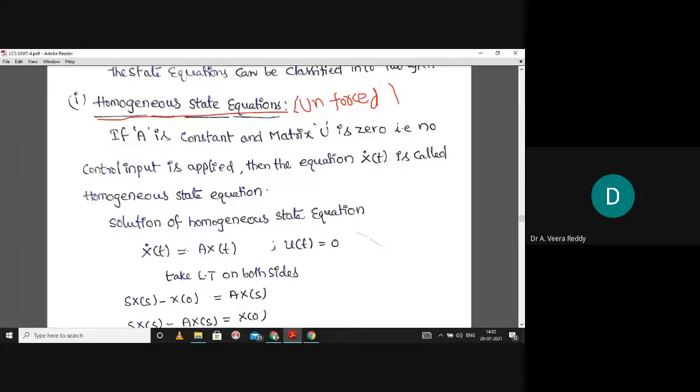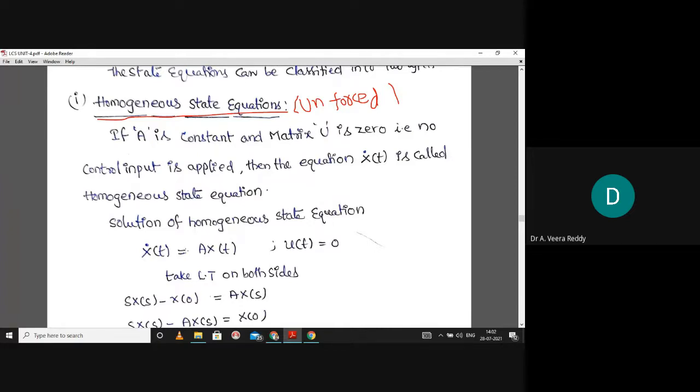If we go for a mechanical system, we call it f of t. If we go for an electrical system, it is e of t, maybe voltage v of t. The type of system may differ, but whatever it may be, that is also a force, isn't it?